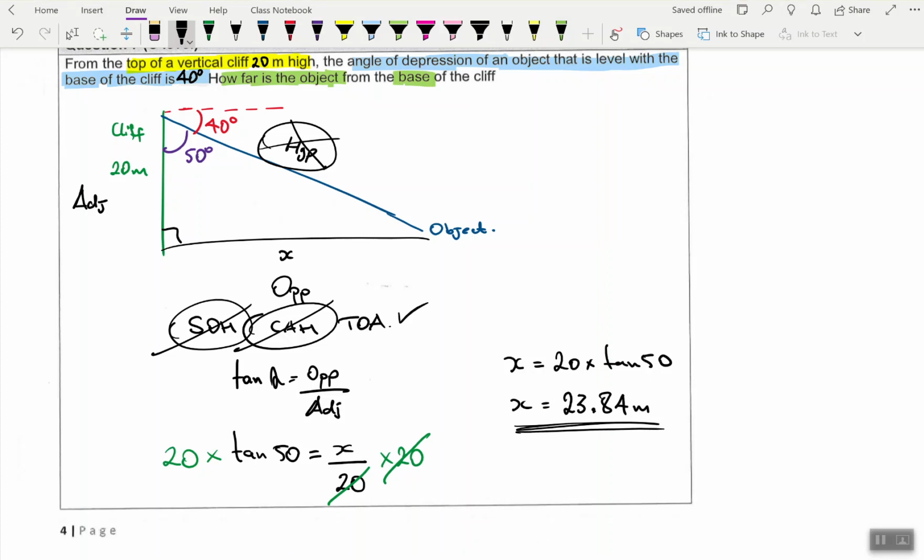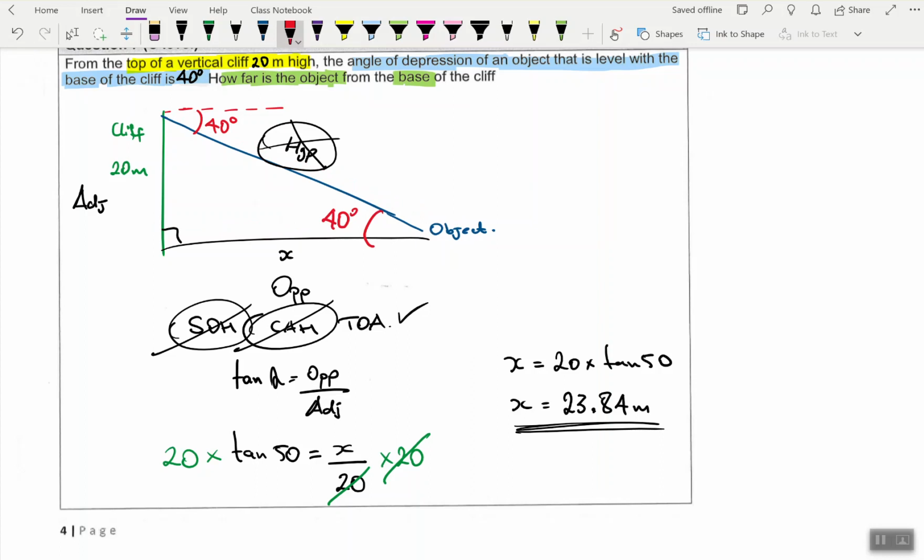So the other way, I won't do the whole method again, but if I remove this 50 and we look at our Z angle, so that's our Z angle there, we can say that if that angle of depression is 40, then that's 40 also.